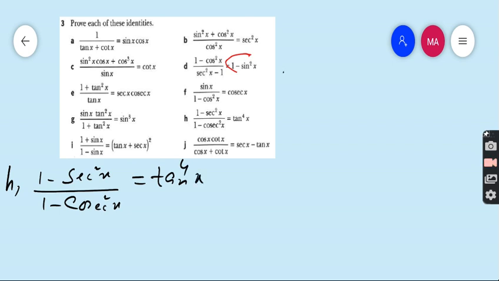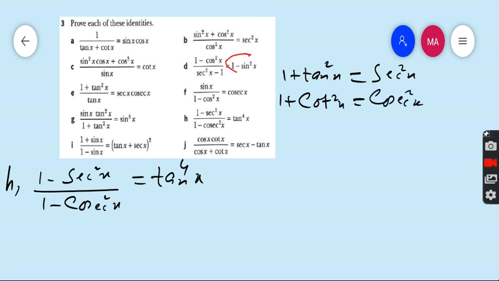You know, 1 plus tan square x is equals to sec square x, and 1 plus cot square x is equals to cosec square x. These two identities are very important. You must keep in your mind.